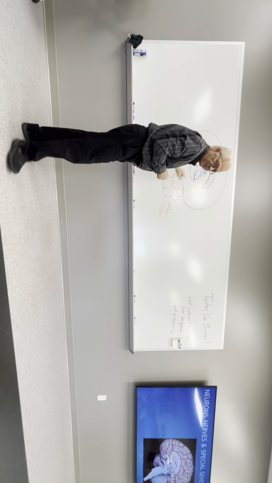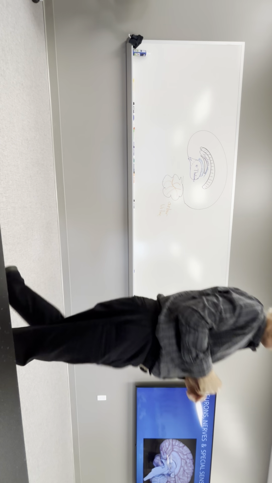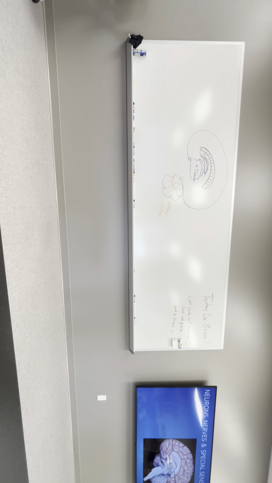I'll tell you what the beak is in a second. The whole circle with the dot in it. The thalamus is the whole chicken head with the eye, okay?